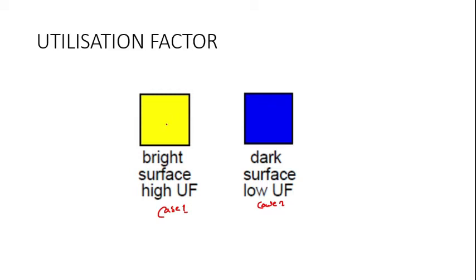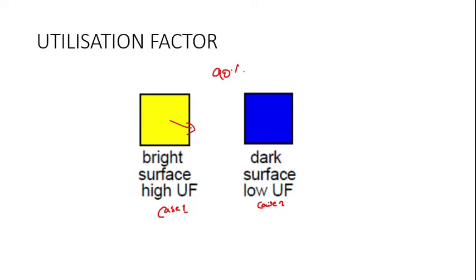In that case, the reflectance value of this bright surface is very high. So about 90 percent of the incident light radiation on the surface will be reflected back to the working plane. Then the net lumen reaching the working plane will be improved. So you can say that a high utilization factor is obtained.